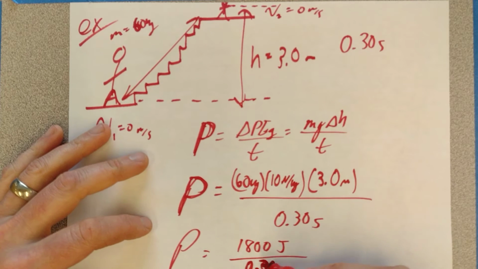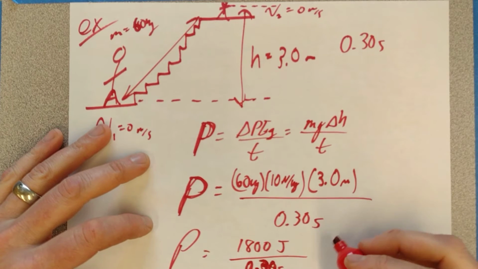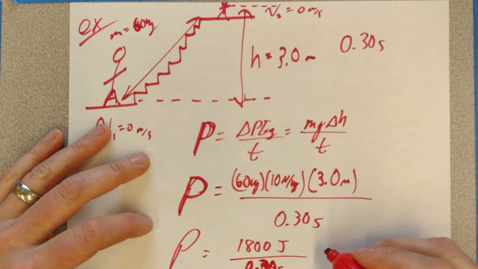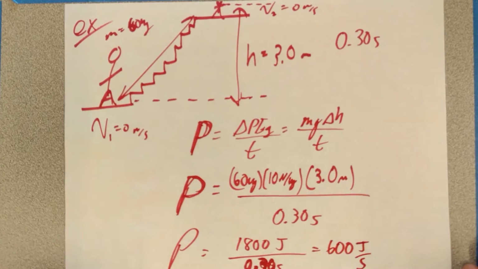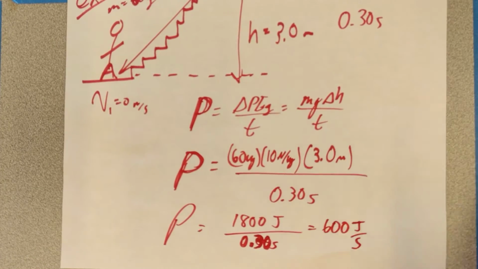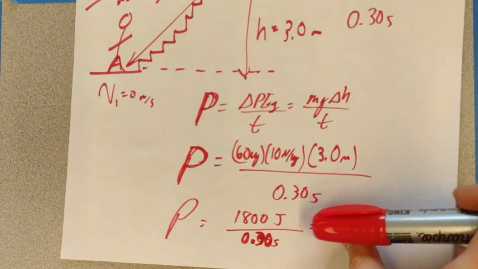But it's 0.3, so it's going to be actually bigger, right? It's going to be 600 joules per second. That'd be the power, average power output, 600 joules per second.